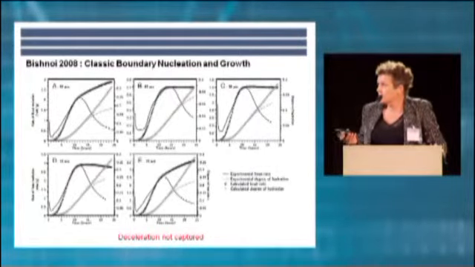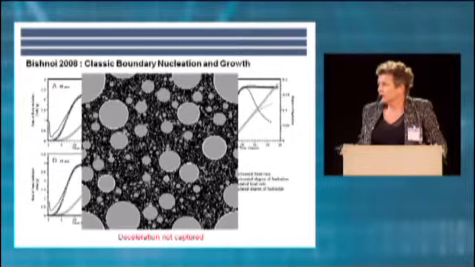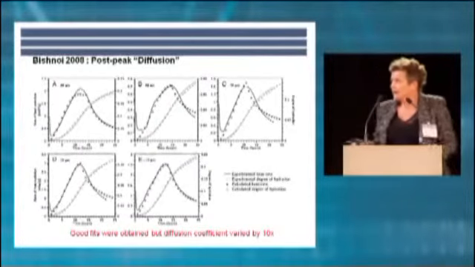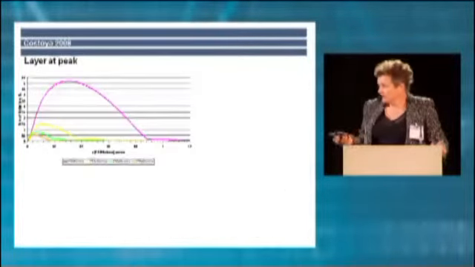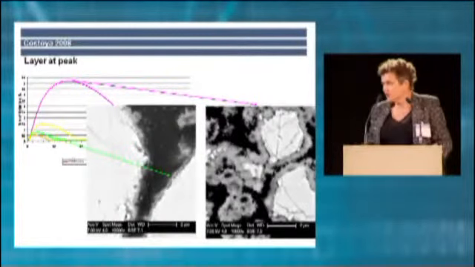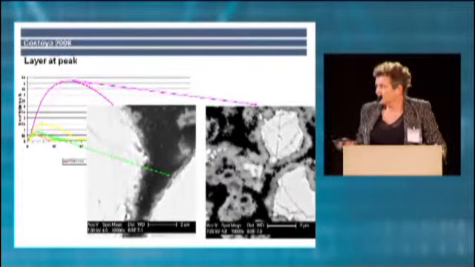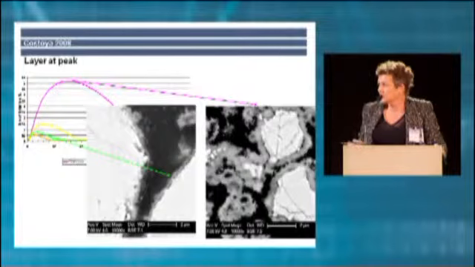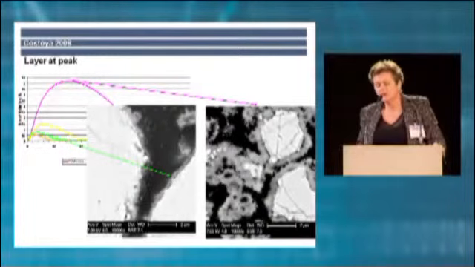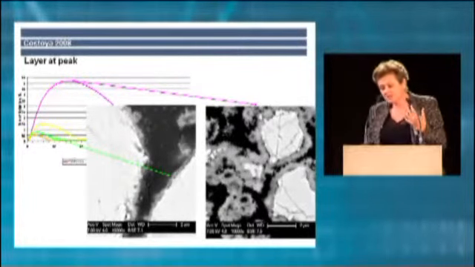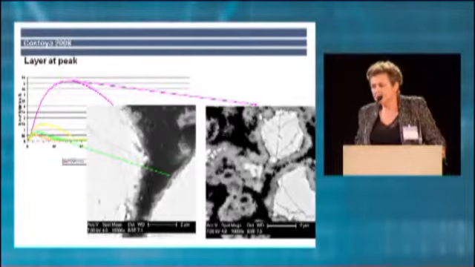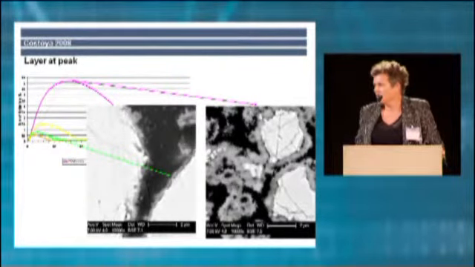Many textbooks say that what happens here is you get diffusion kicking in, but we can go through a process to show that this is not true, because this is a large particle, this is a small particle. What we see here is that at that maximum peak, the thickness here is quite different from the thickness there. So this, again, contradicts the well-known theories of hydration.